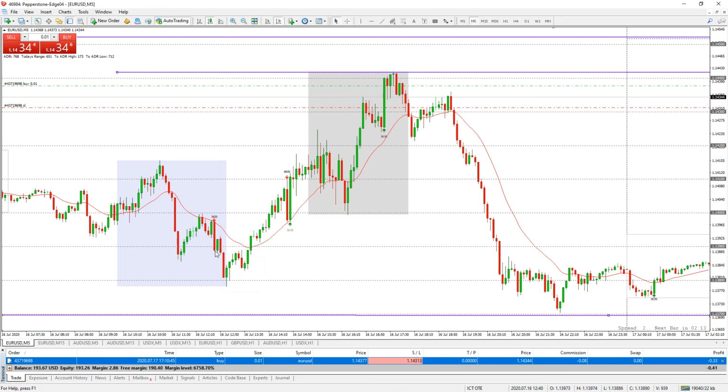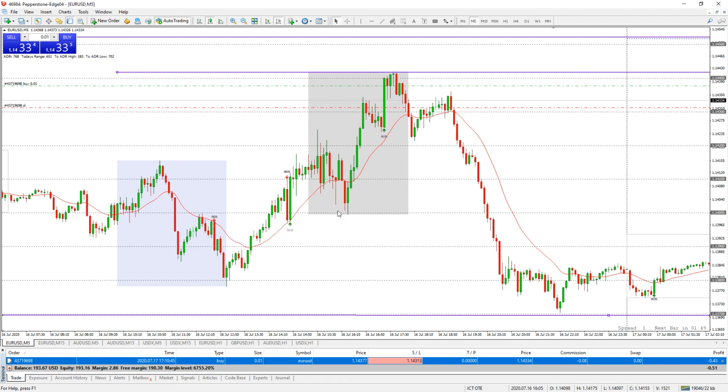So I got a signal here and I got another signal here. At this point I have a sell signal, but in between sessions I will never take a trade counter to the anticipated direction. There's no way you take a sell when you're already looking for a buy.